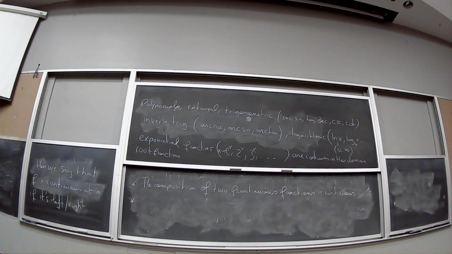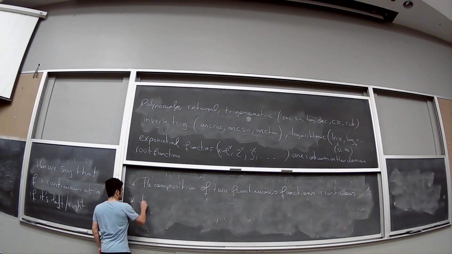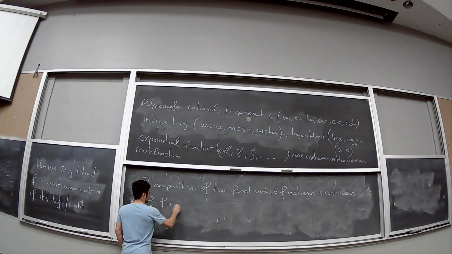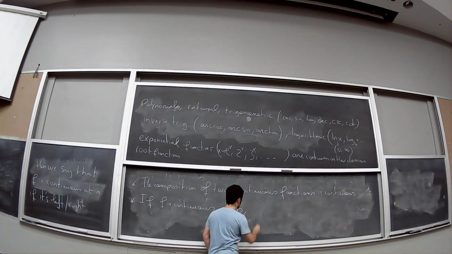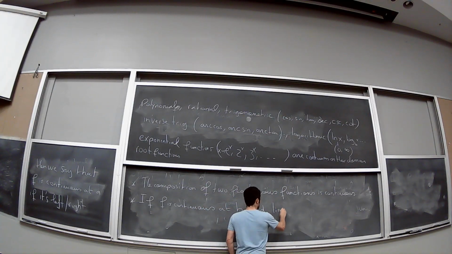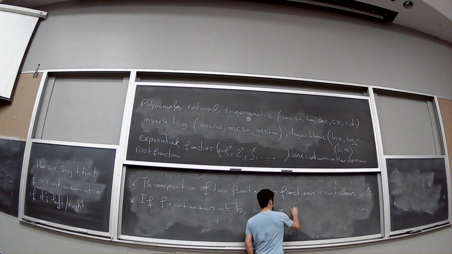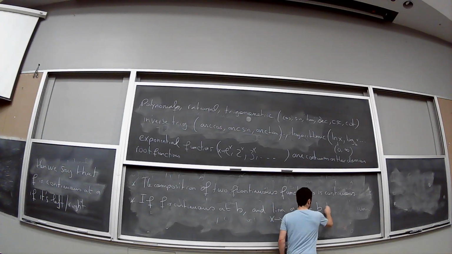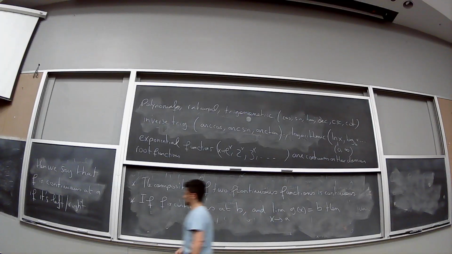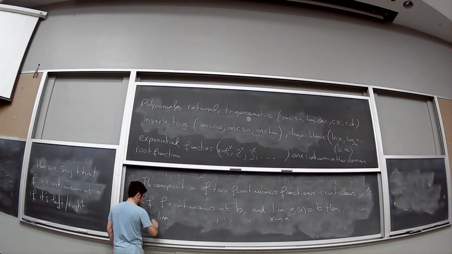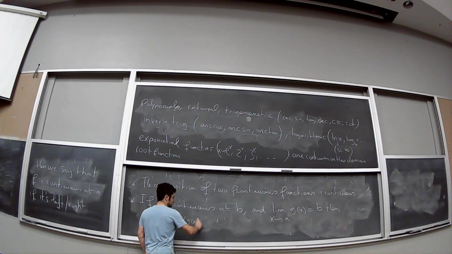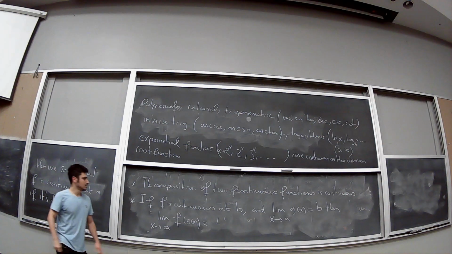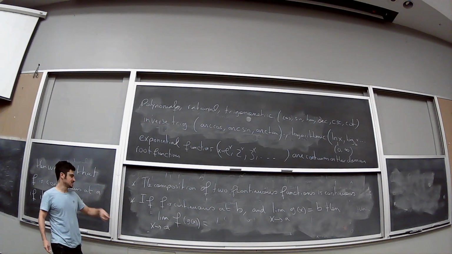And one more result, another theorem. If f is continuous at b and the limit as x approaches a of g of x is b, then the limit as x approaches a of f of g of x, what do you expect? g of x approaches b as x approaches a.